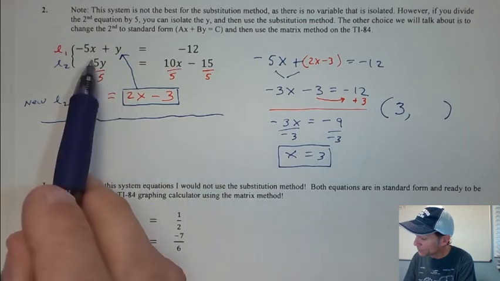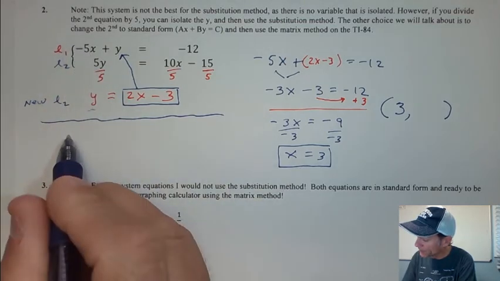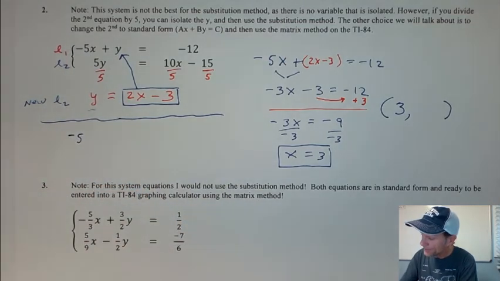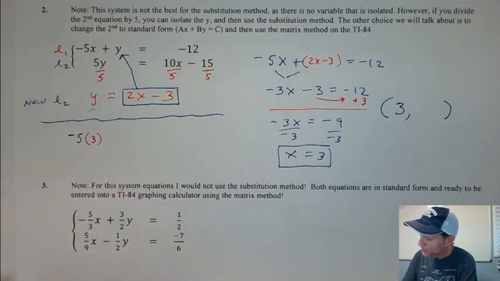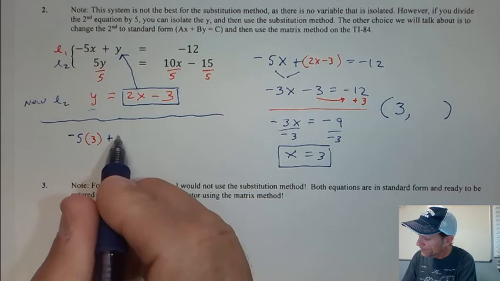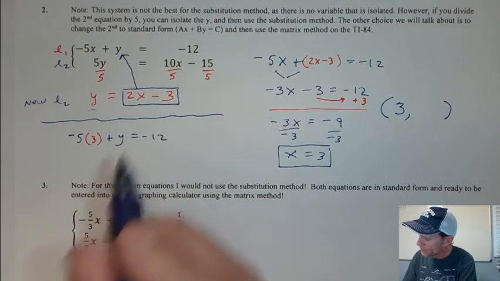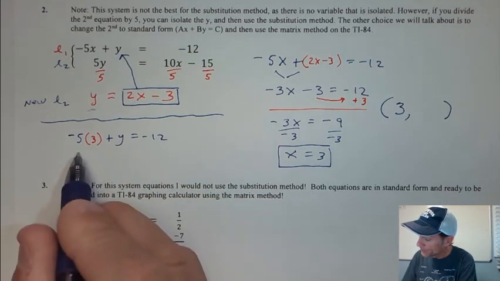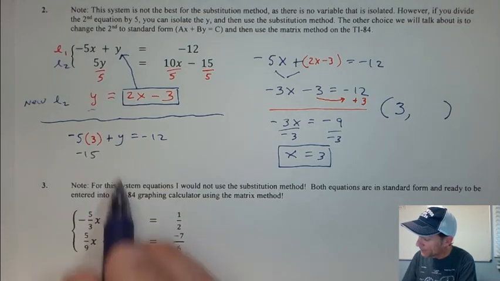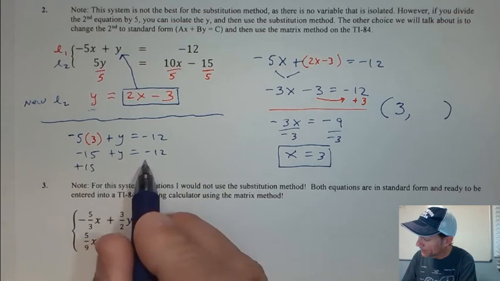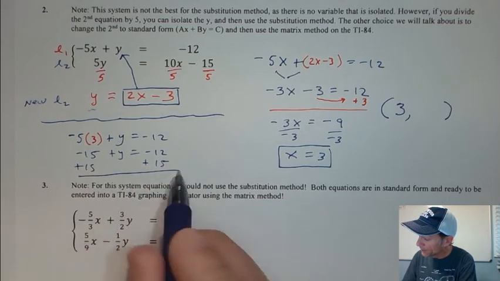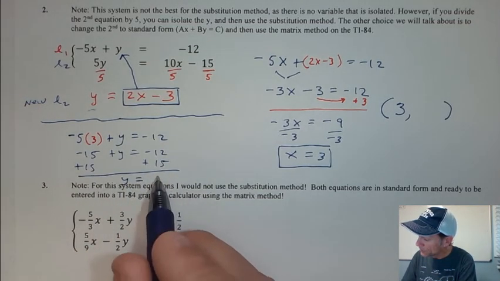Maybe I'll put x equals 3 into this first one here. So I have negative 5 times 3 plus y equals negative 12. This is going to be negative 15 plus y equals negative 12. Add 15, and I get y equals 3.